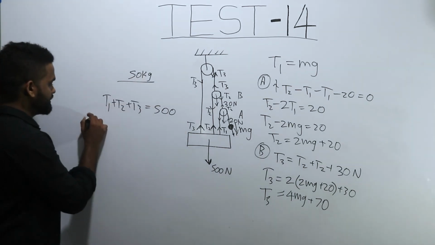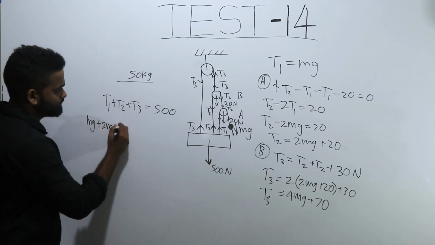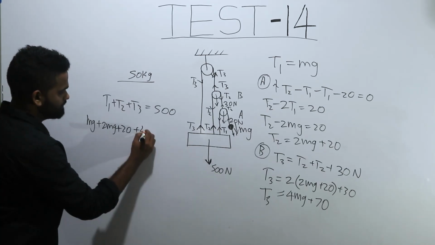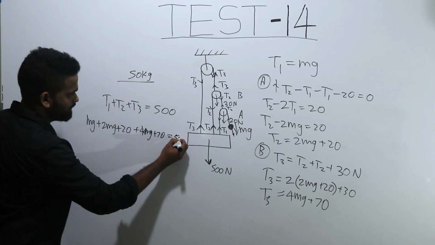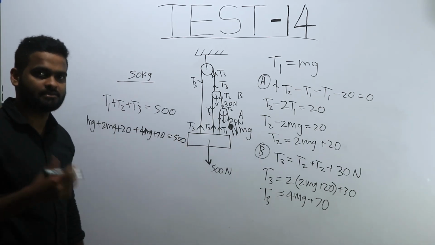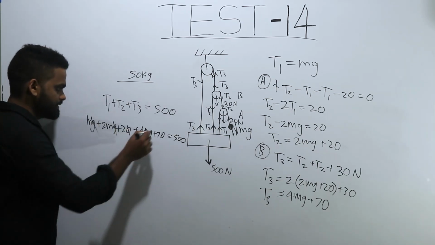So T1 is mg, T2 is 2 mg plus 20, T3 is 4 mg plus 70, this is equal to 500. I'll just divide the whole equation by 10 to simplify this. So g is 10.